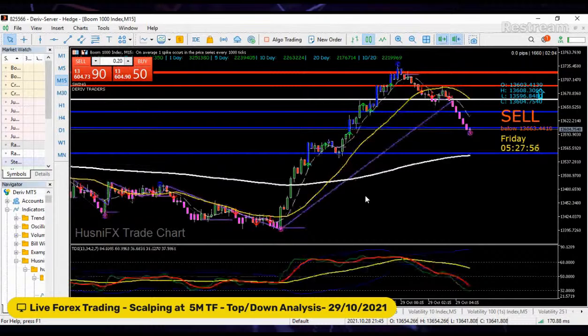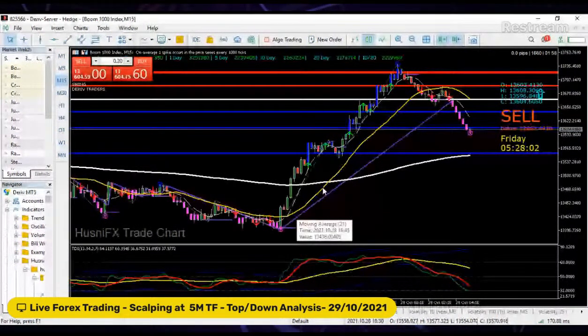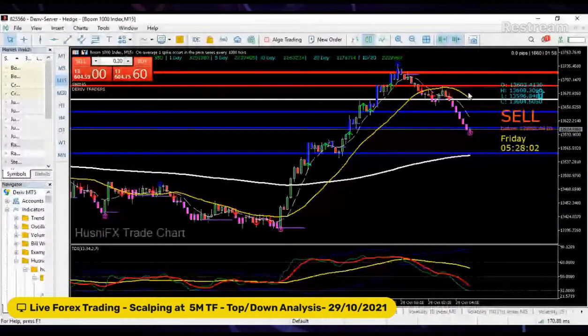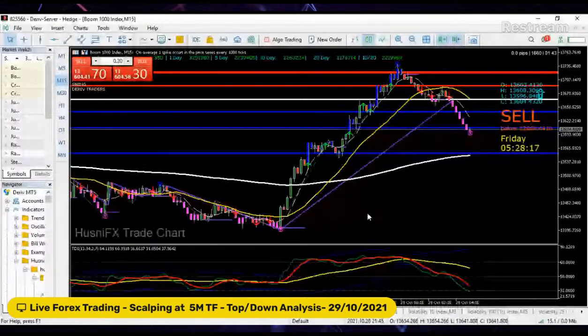We have this yellow moving average and this white moving average. One indicator is for leading and the other is for following. One follows the price, and the other leads the price.